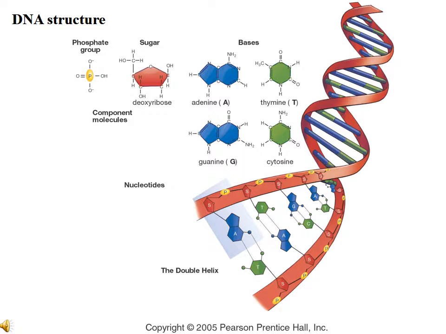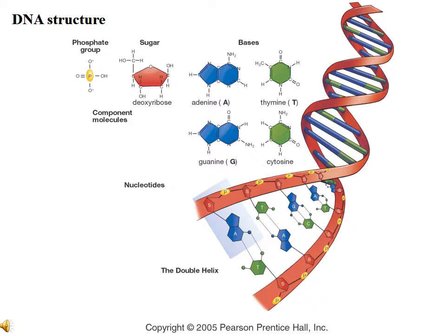As you can see in the double-stranded molecule to your right, the molecule looks like a ladder. The sides of the ladder are made up of a sugar-phosphate backbone, and the steps of the ladder are made up of the bases that combine with each other.